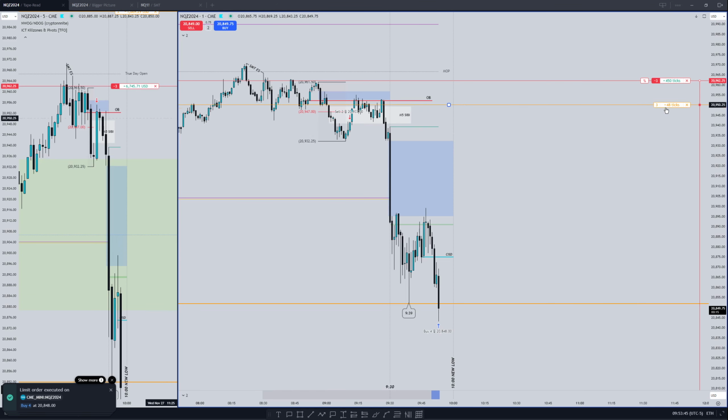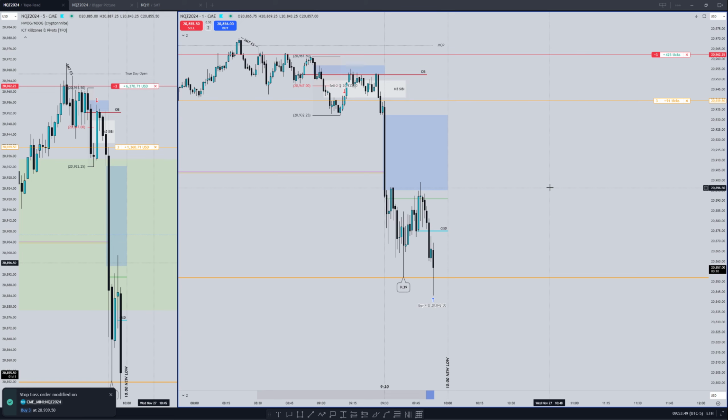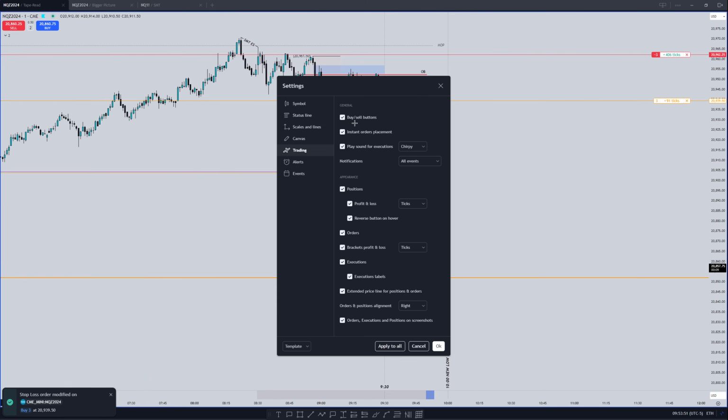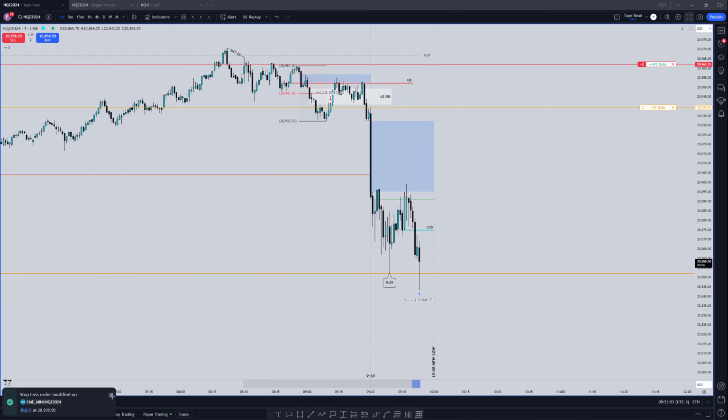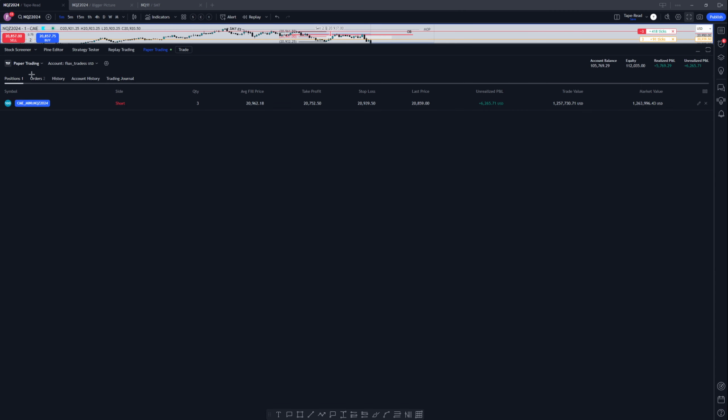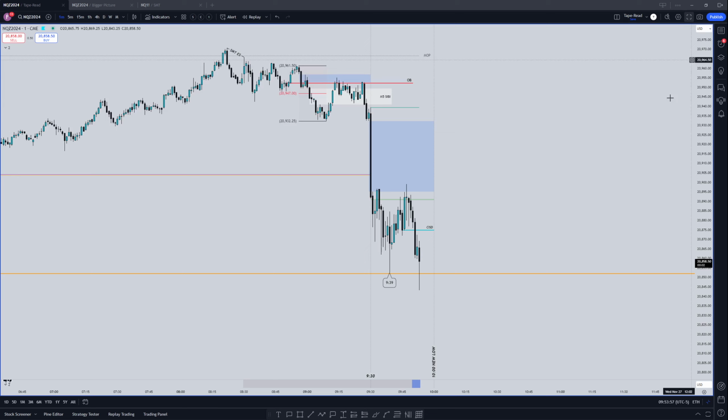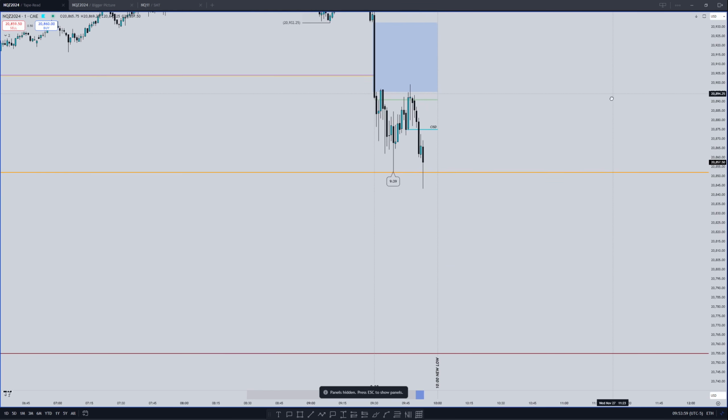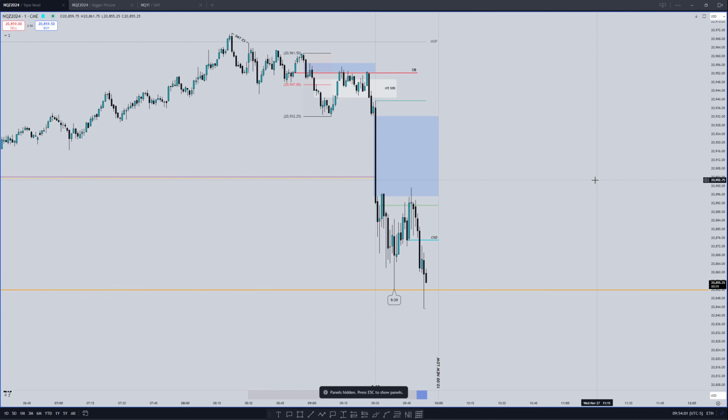Move this back to break even. Let me turn this off. So previous day low, look at the time window, 9:54, still outside of it. So I saw a good question. Oh, there it is, previous day low. Right now.